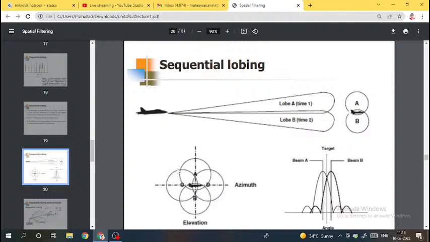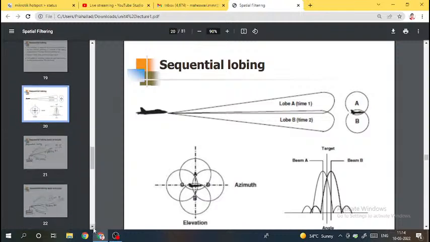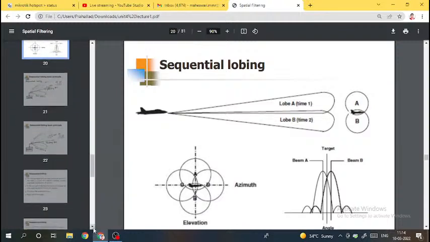Suppose the target is here, to the next approximation we are just making it accurate. Suppose the target is in some other axis in this 360 degrees. See, here only 4 positions we are covering in sequential lobing, so for that we are using 4 feeds. Suppose the target is in some other position, the accuracy of this detection in sequential lobing will be reduced.